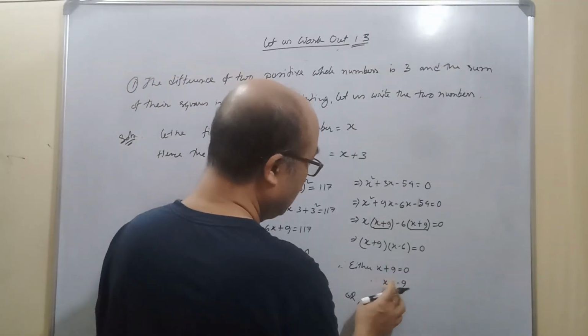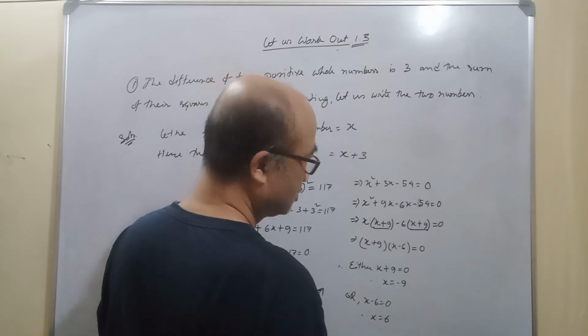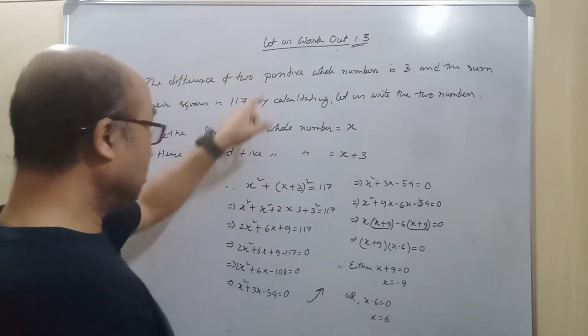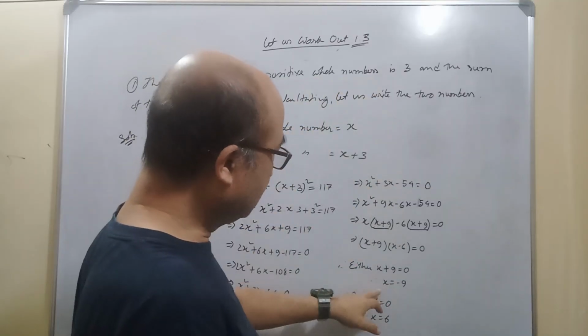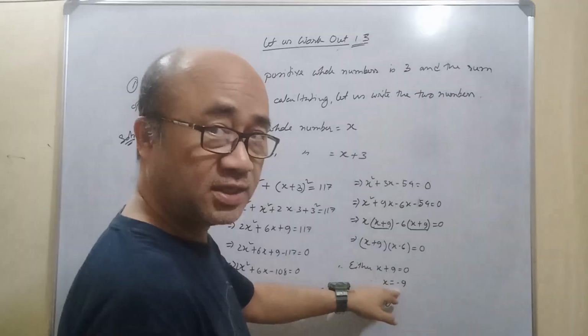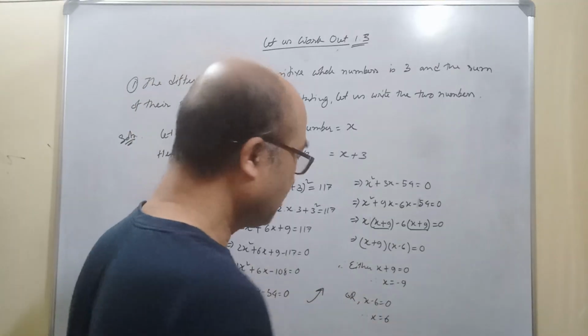So we get x equal to minus 9 or x equal to 6, these two values. But we are talking about positive whole numbers, okay? So the value of x cannot be negative, so we reject this value. So we get x equal to 6.